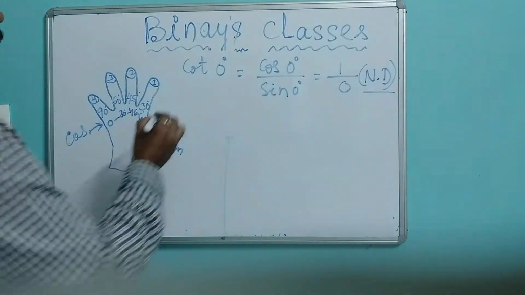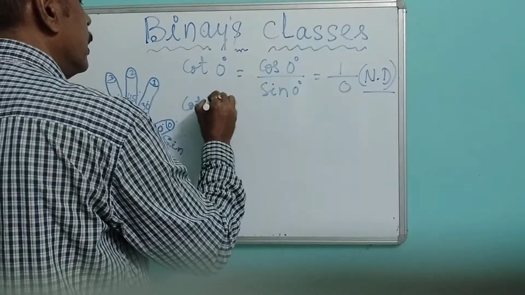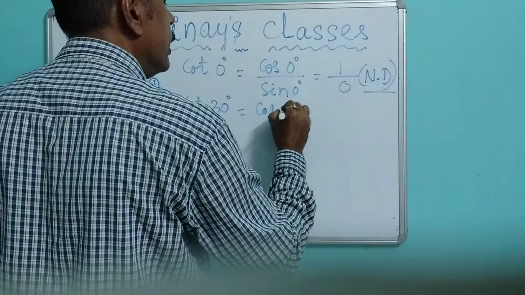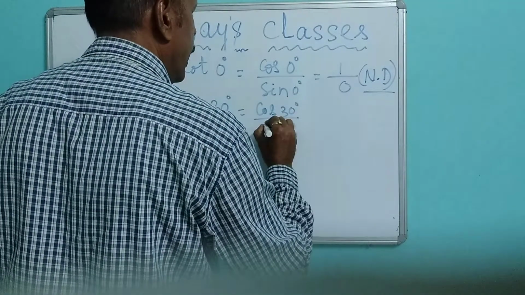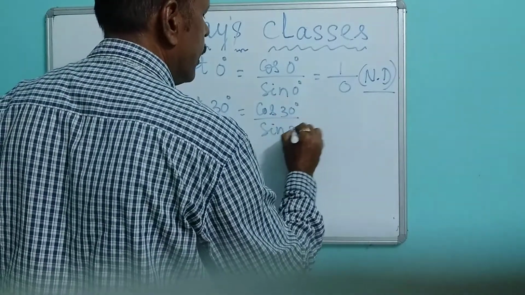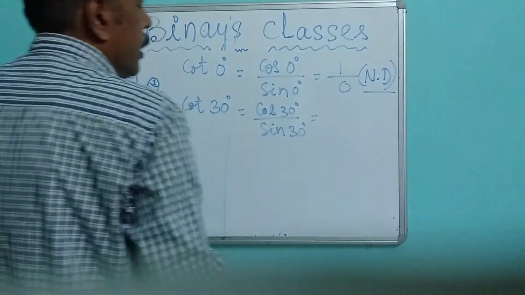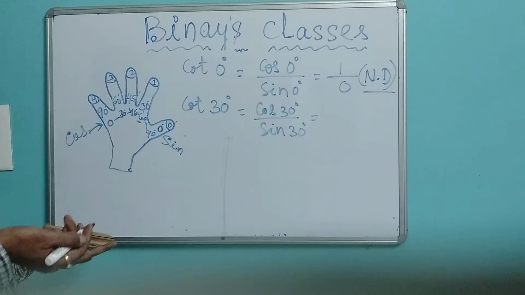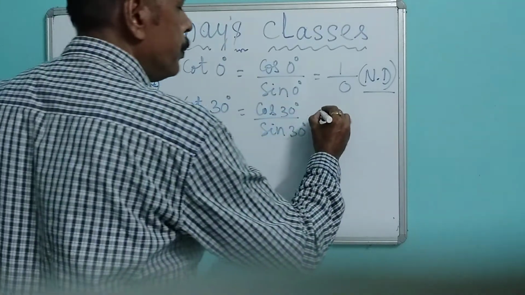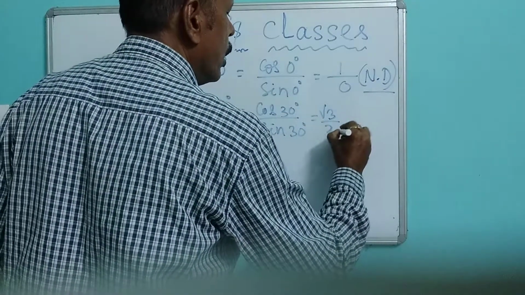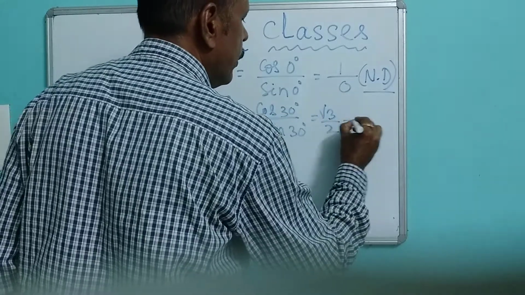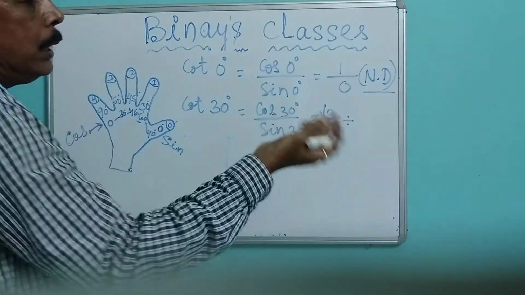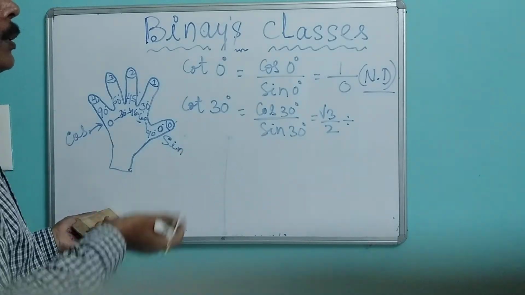Now comes cot 30 equals cos 30 degree by sin 30 degree. We have already calculated cos 30 degree, that is root 3 by 2. As you are getting a fraction, you may put a divided by sign so you can easily calculate and get the answer.